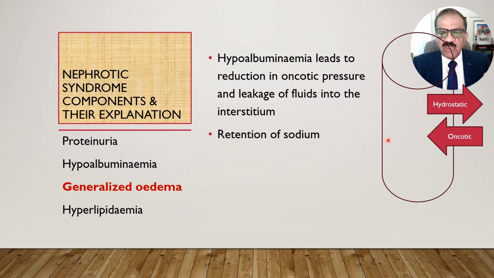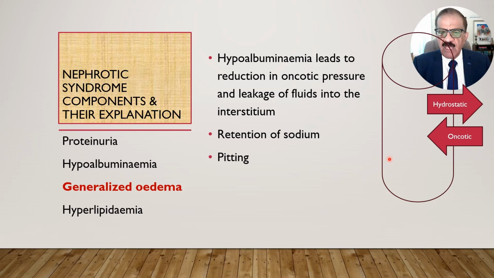So the body sees it as a state of dehydration or volume depletion. So the body will try to preserve sodium as well as water, and that will also compound this edema formation. Maybe vasopressin also plays some role in this.